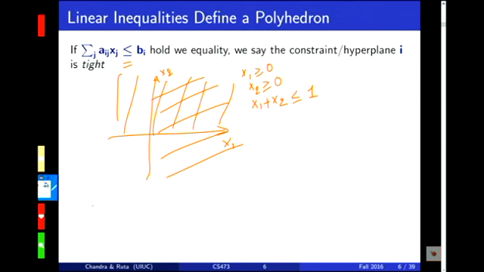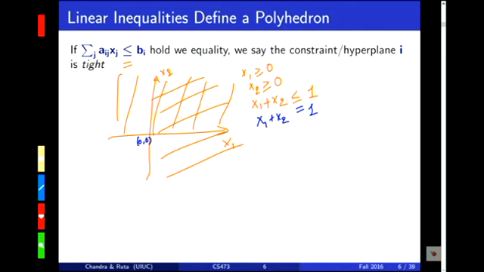Suppose I first look at the equality. This has to form a line in 2 dimensions, right? Where should this line intersect the x1 axis? On the x1 axis, x2 is 0, because this is the 0, 0 point.